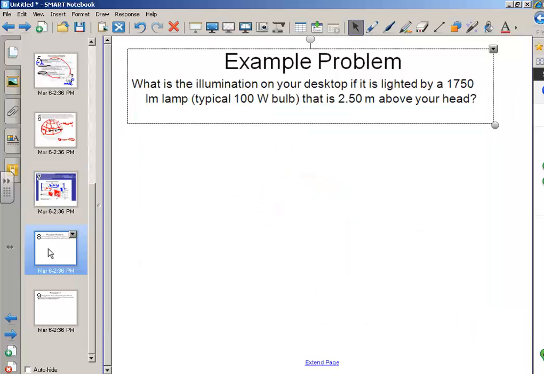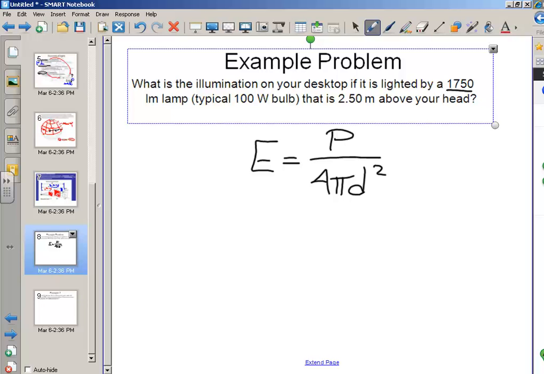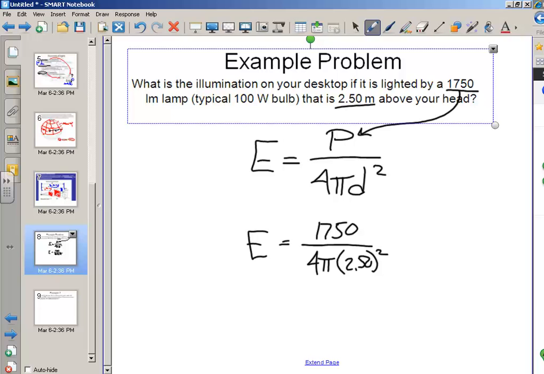Lastly, a couple of example problems. What is the illumination on your desktop? If you have a 1750 lumen lamp, so 1750 goes here, because that's lumens, and it's 2.5 meters above, so 4 pi times 2.50 squared. So we can calculate illumination, and that's what it wants to know.